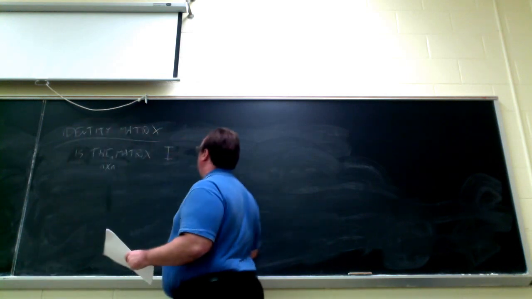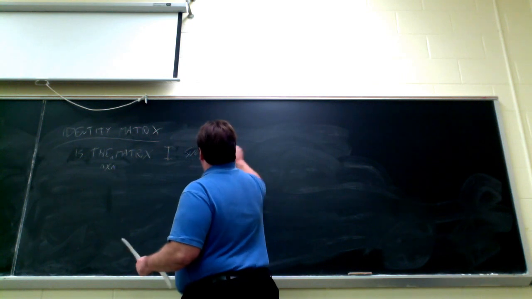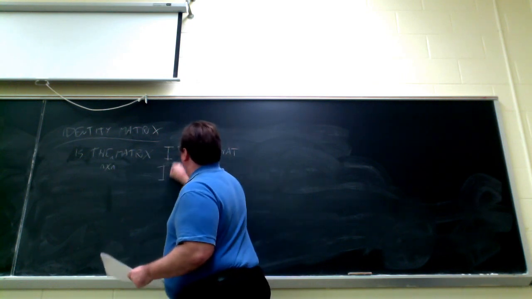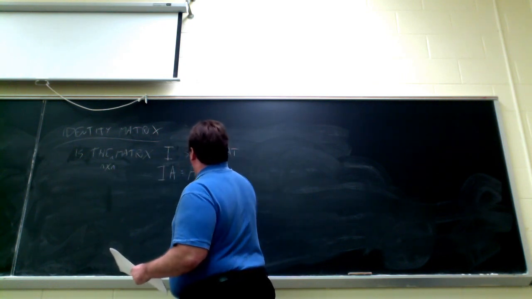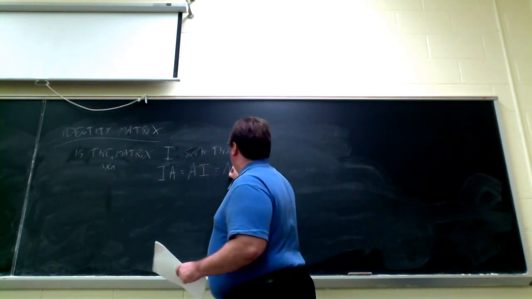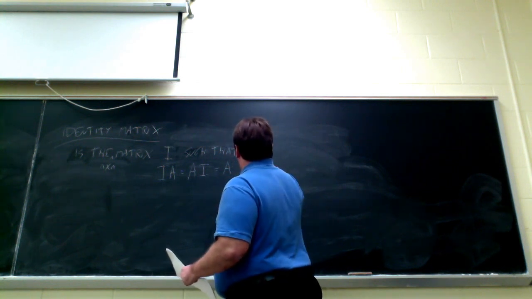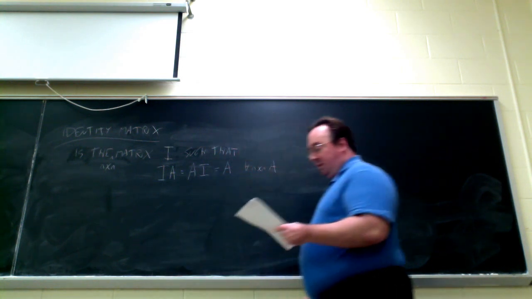So it's matrix I, assuming everything is n by n here, such that if you multiply by any n by n matrix A in either order, we just get the matrix A back, for all n by n matrices A.